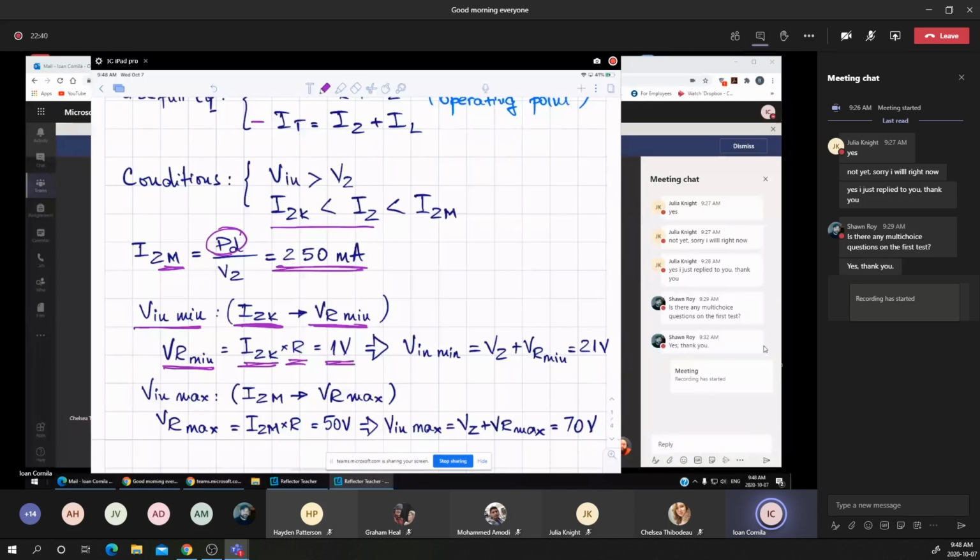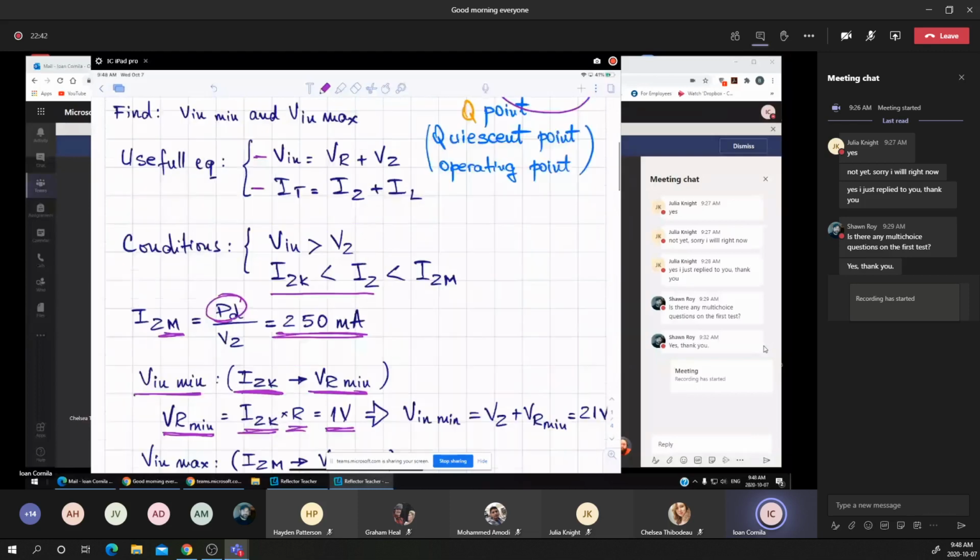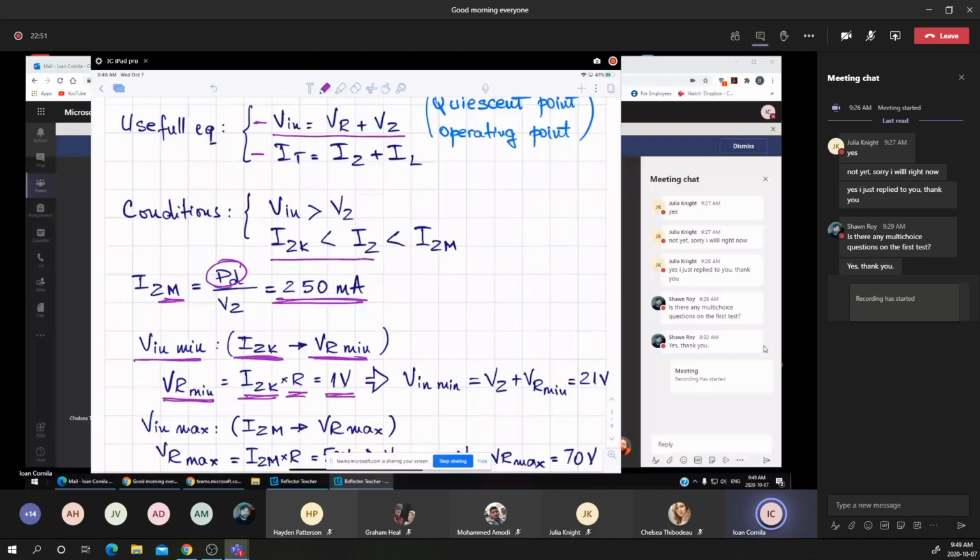Now, going back to the useful equation, I'm using this first equation to determine that V_in minimum is the V_z plus the minimum voltage drop across the resistance, which makes 21 volts.